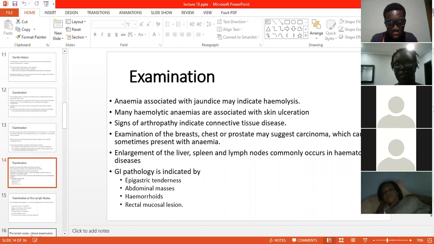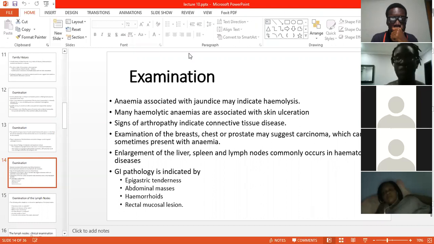When you examine the liver and the spleen, you'll find that those will be enlarged, and then the lymph nodes would also be palpable. Now, if there is any pathology in the gastrointestinal tract, these will be indicated by tenderness in the epigastric region. That is, if you are looking at peptic ulcer disease or abdominal mass.